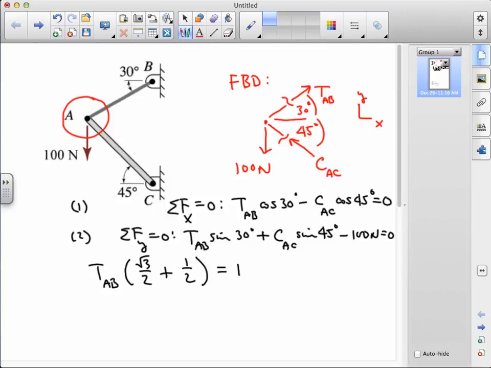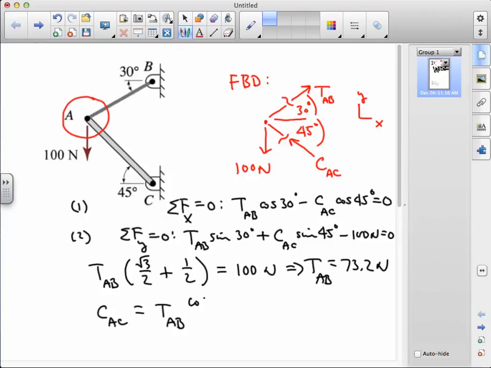So I'll just bring the 100 newtons over to the other side. And that gives me, if I just divide by the term in parentheses here, TAB is equal to 73.2 newtons.